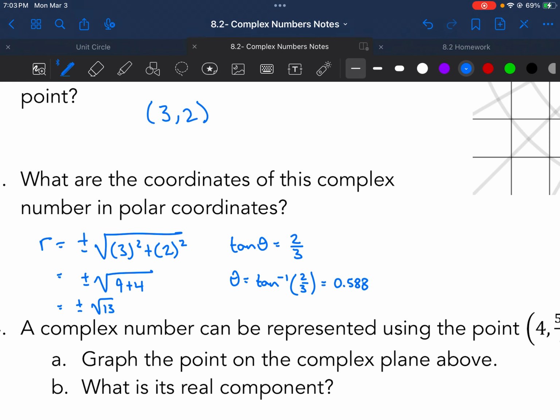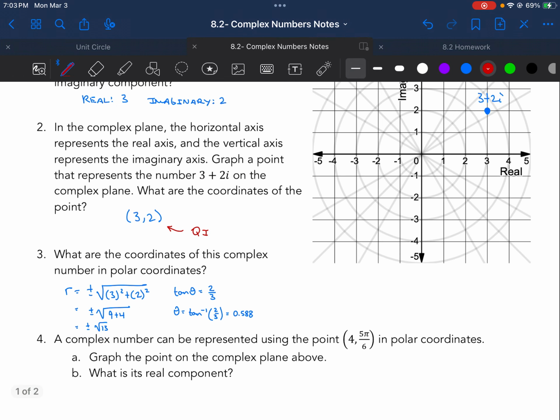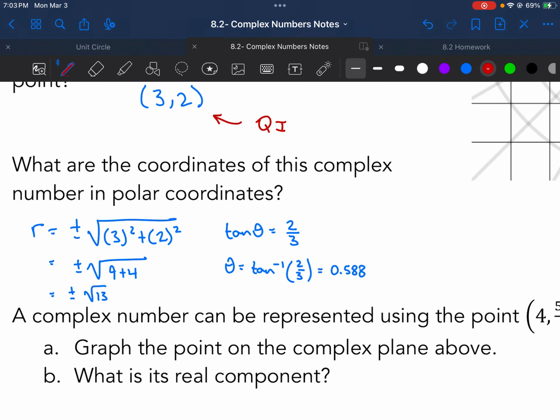Now, if you remember when we were converting from polar to rectangular and rectangular to polar, we talked about how we have to be careful about the quadrant that we fall in. Notice that this point is falling in quadrant 1. You have a positive x, positive y, or in this case, positive real, positive imaginary. So it's falling in quadrant 1. Remember that when it falls in quadrant 1, we do not need to adjust the angle that a calculator would give us.